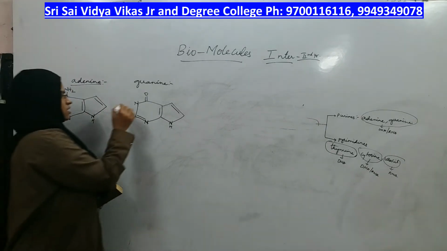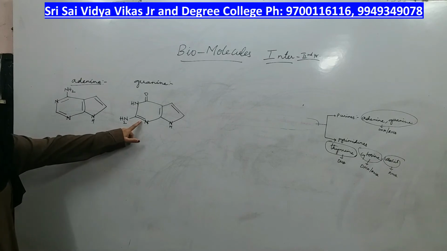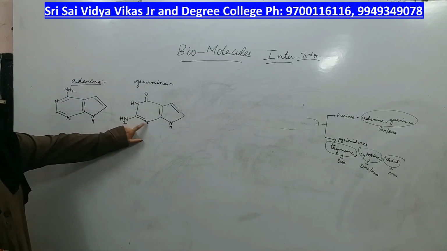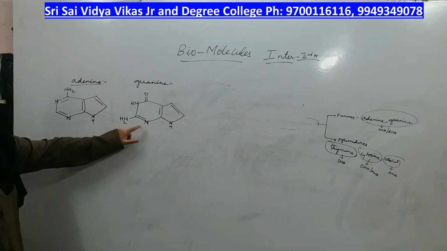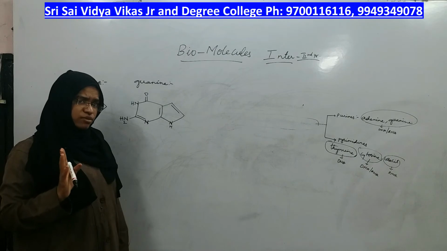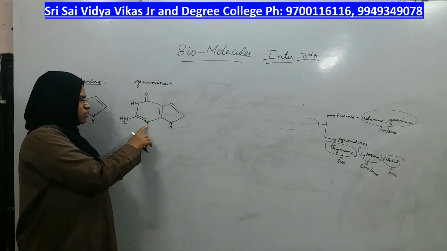This is guanine. On a nitrogen, if a double bond is not there, it should be just NH. On a nitrogen, if there is a double bond, then it should be just N, because each nitrogen should have how many bonds? Total 3 bonds only. Nitrogen: 1, 2, 3. No need of hydrogen.